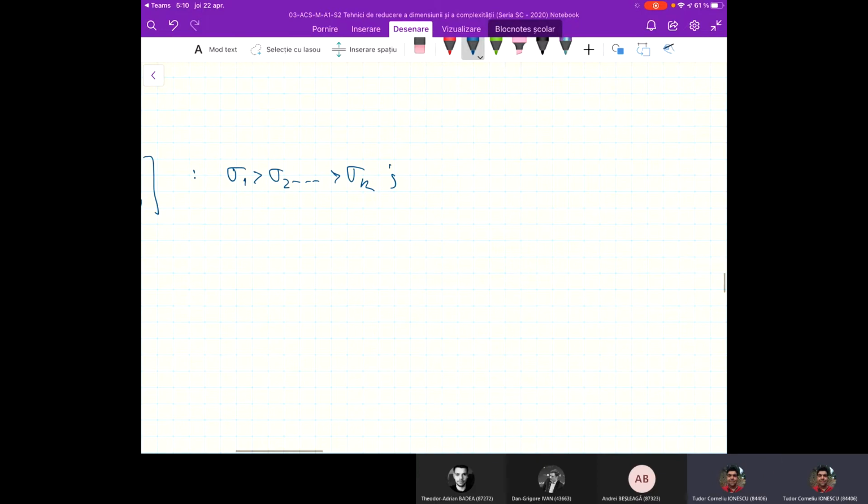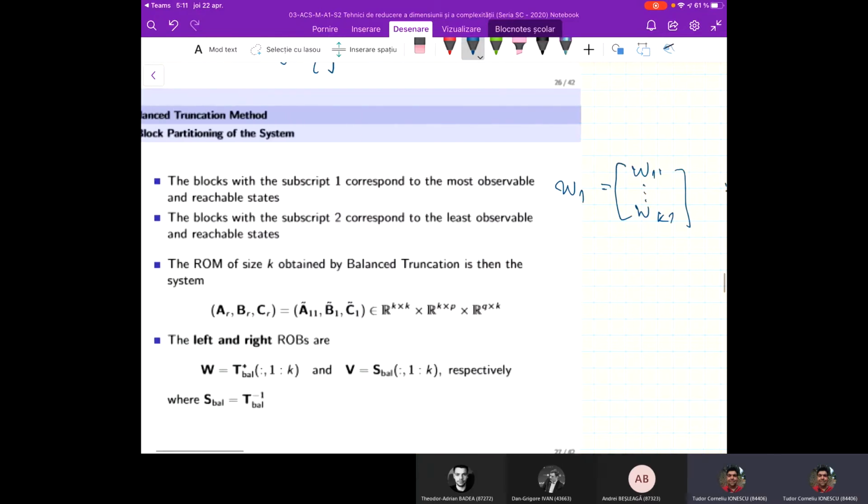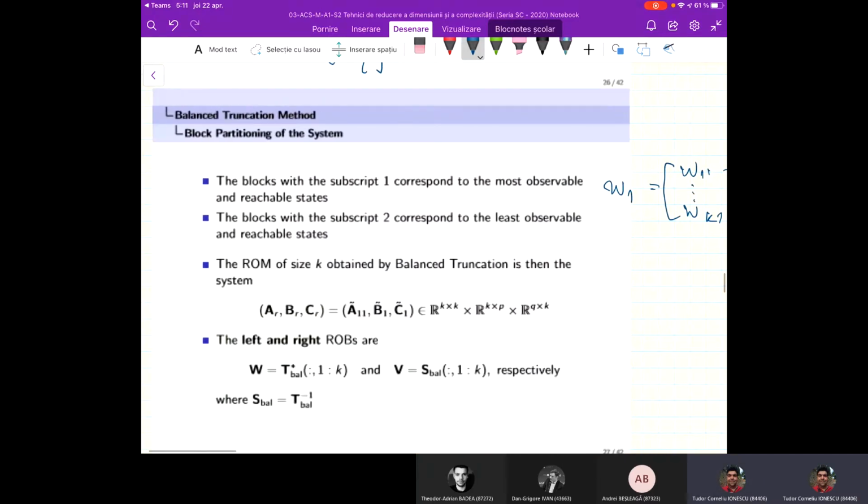And W2, this is W12, W22, W(n minus k)2, corresponding to the Hankel singular values sigma k plus 1 up to sigma n, which are small. And these are going to be neglected. The blocks with subscript 2 correspond to the least observable and reachable states.